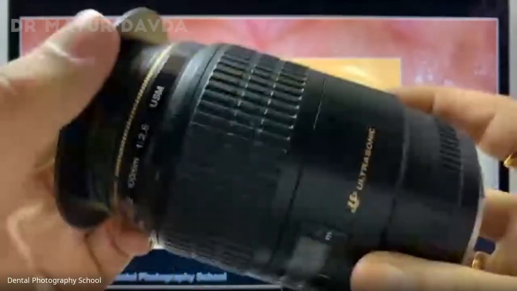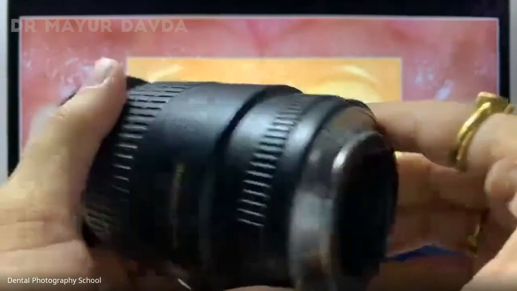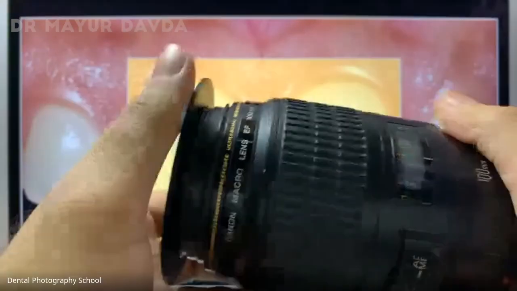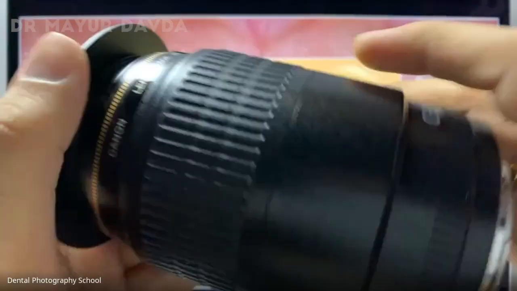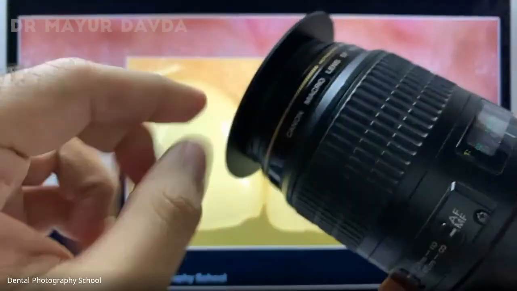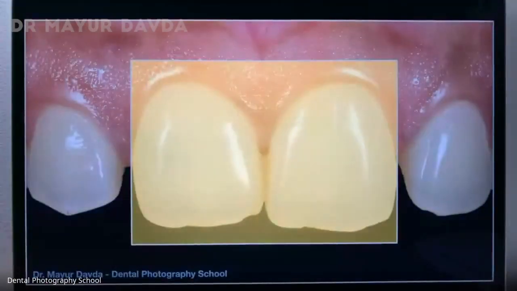It's a very safe lens to have, great build, it's a metal body, and completely worth it as compared to a Tamron lens. This is a great lens to have. So just for saving 9,000 rupees, don't go for Tamron. I would definitely suggest that you go for a Canon. For Nikon people, you can go ahead and buy Nikon 85 or Nikon 105 macro lenses.